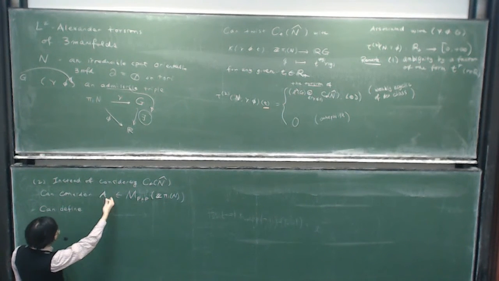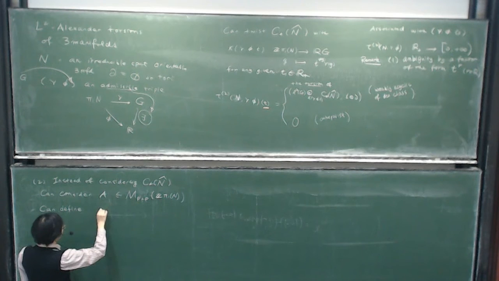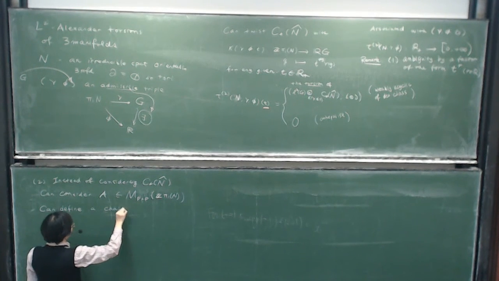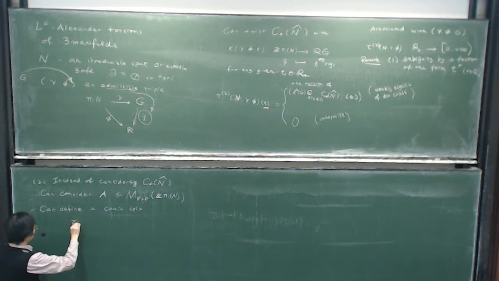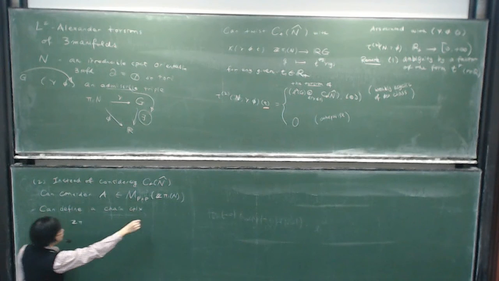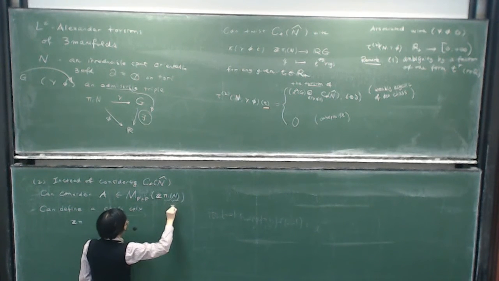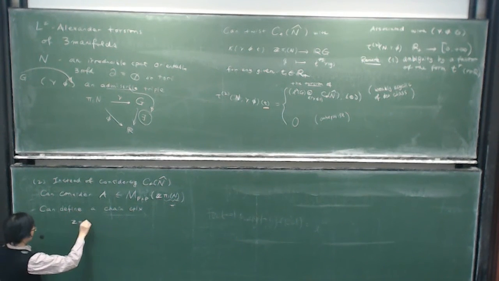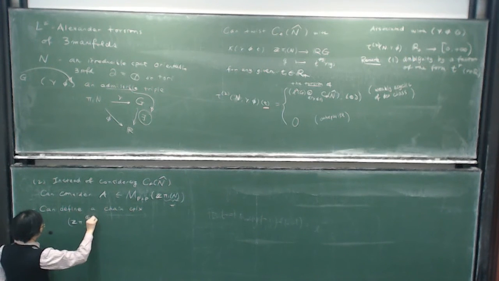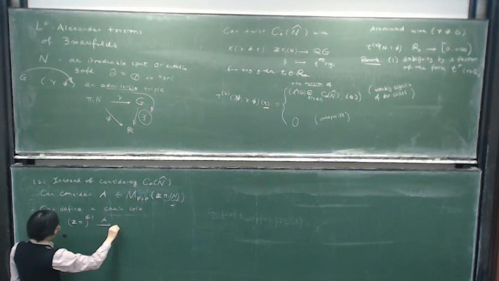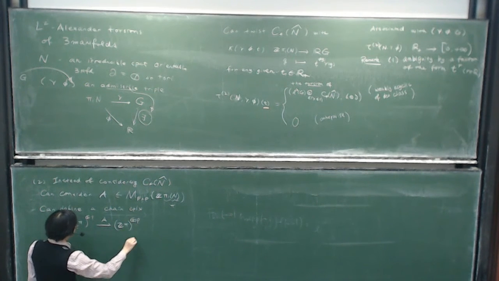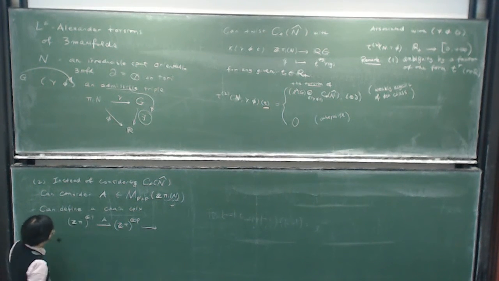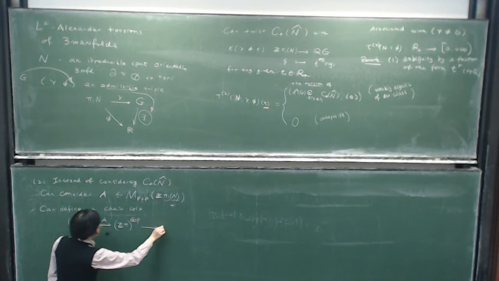You can think of any matrix as something like, where pi is just a group, Z pi to the p, and you take A to Z pi to the p, and just turn it to be a boundary operator in a chain complex.